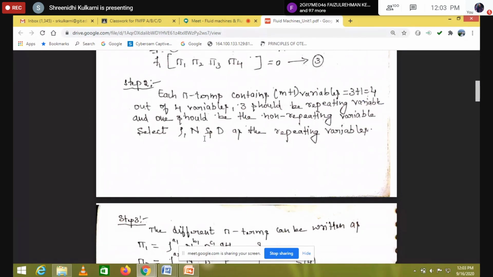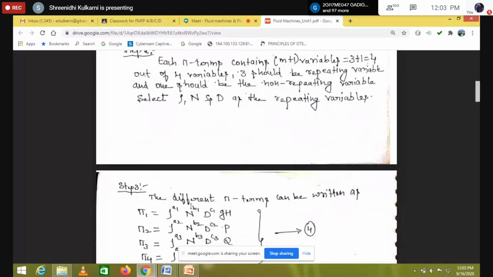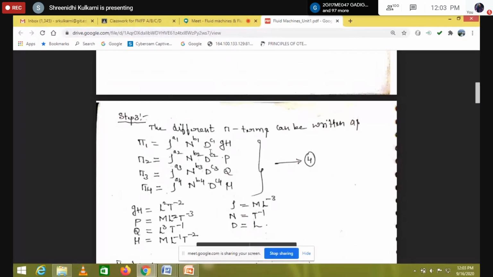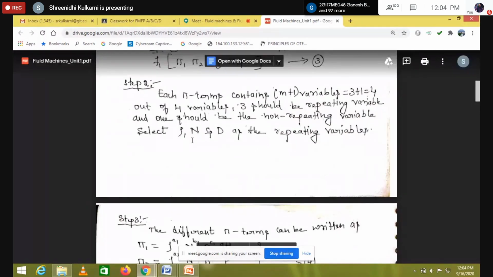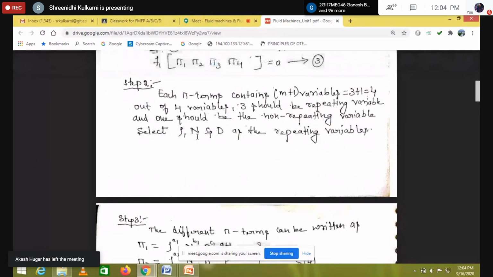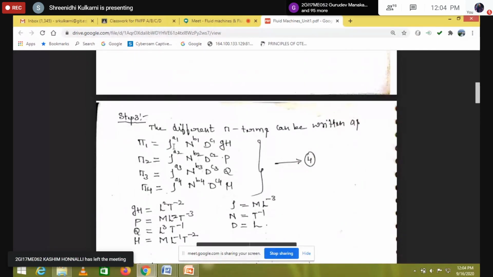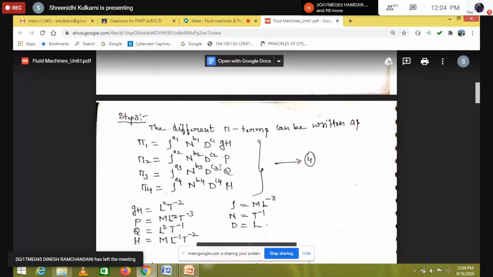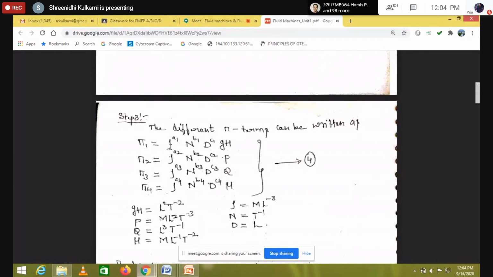Whatever these three are, they are repeating in all the pi terms, so they won't change. In this problem I selected rho, n and d. These three are the repeating variables. In pi 1, pi 2, pi 3 and pi 4, whatever remains should be a non-repeating variable.